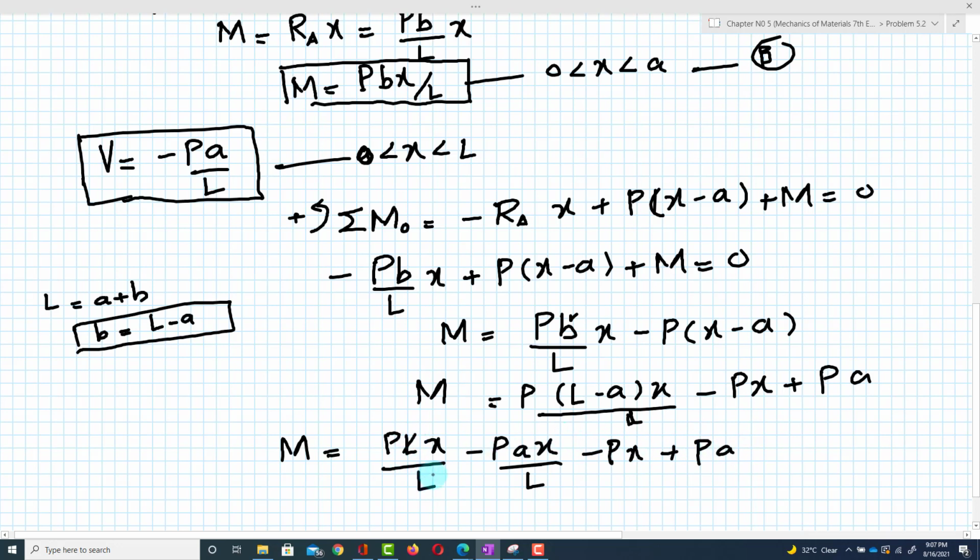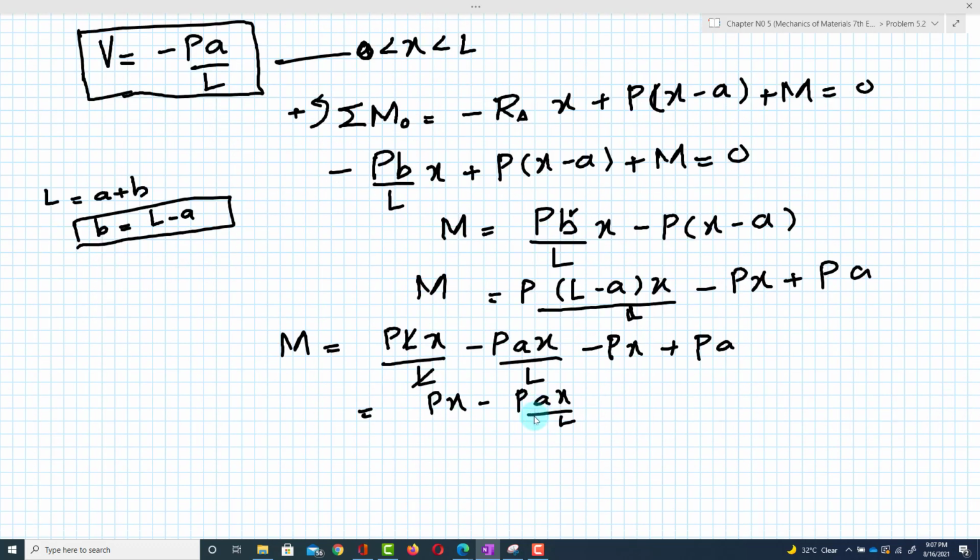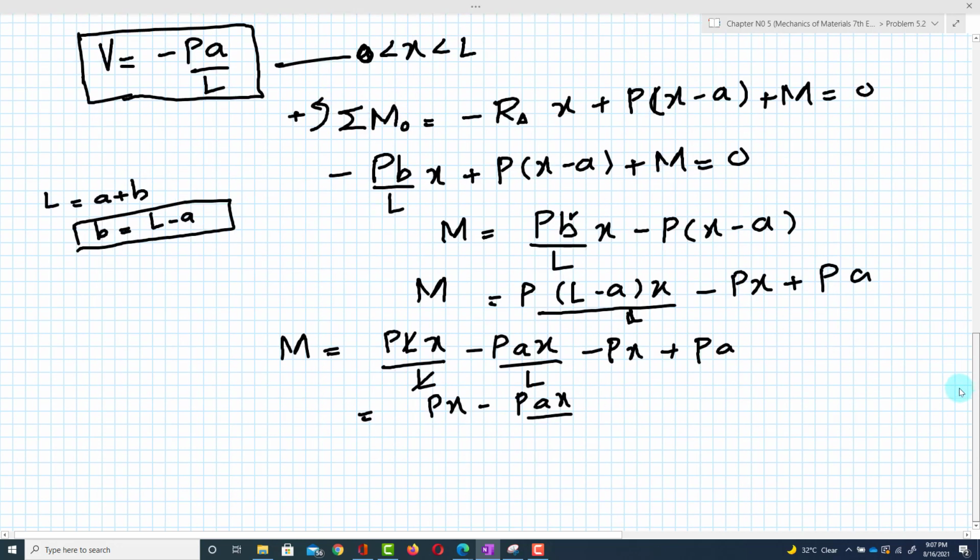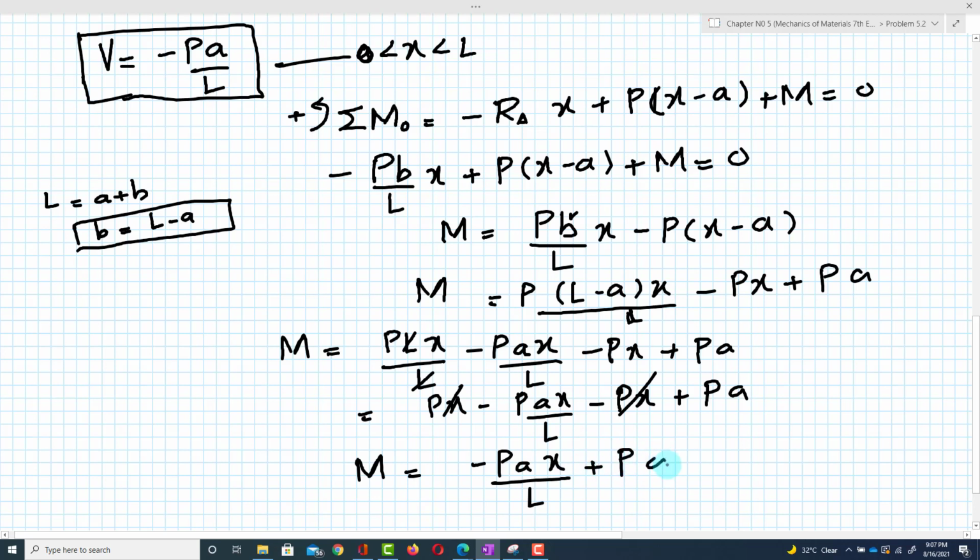So this L will be cancelled with this, so it will become P X minus P A X over L minus P X plus P A. So this will cancel with this, and the moment will become equal to minus P A X over L plus P A.